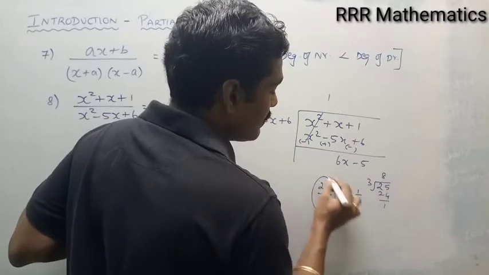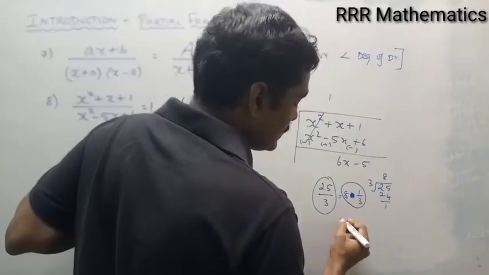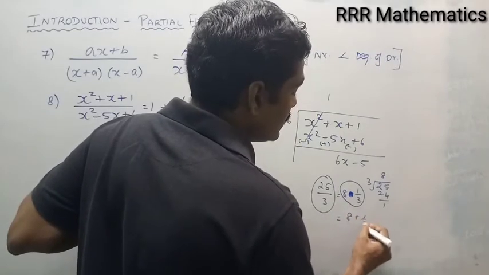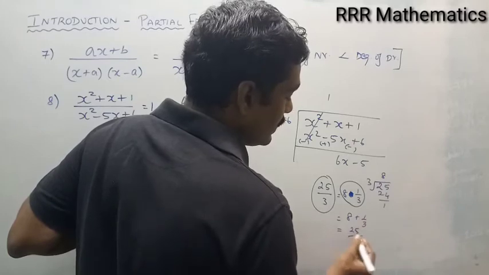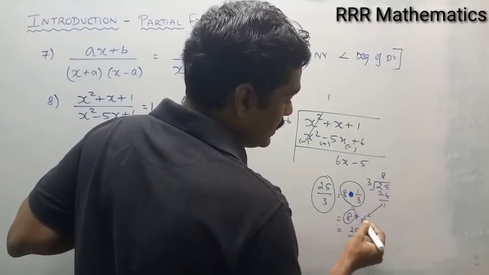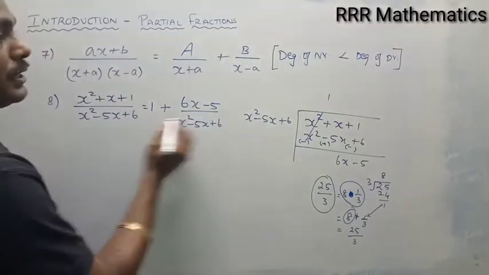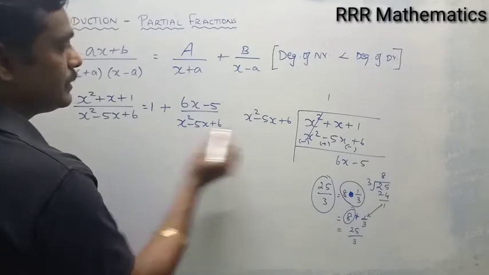So you can write this fraction in mixed format like this. The real is 8 plus 1 by 3. When you take LCM, 8 3s are 24 plus 1, 25. So quotient plus remainder divided by divisor. Here, quotient 1 plus remainder divided by the divisor.